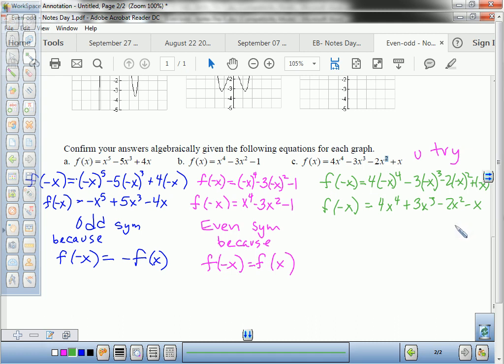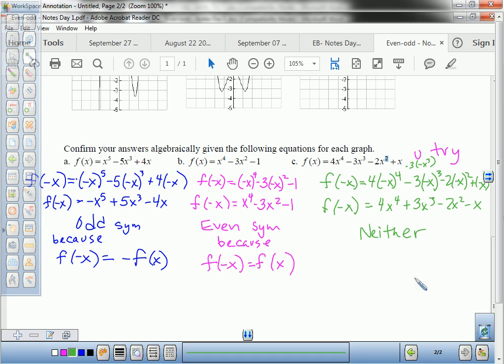Did they all switch to the opposite? Neither. Okay, which term? The 4, the 3, the 2, or the 1? The 3. Okay, so negative x to the third. I got it now. Okay. You got it.